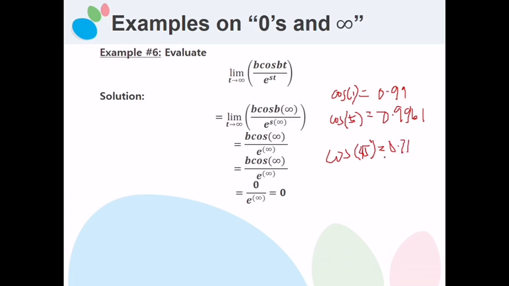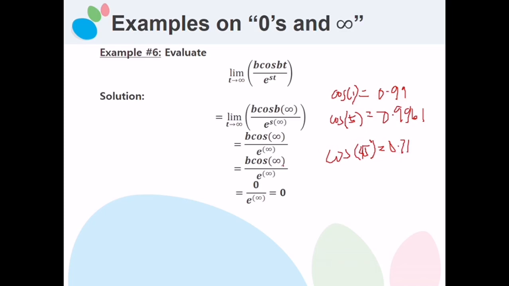So in our illustration, as the assumed value for our infinite number gets bigger, the cosine gets closer to 0.